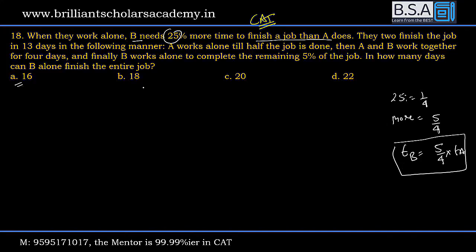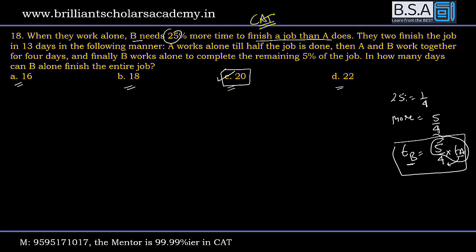Number of days of A should be a multiple of 4, so number of days of B should be a multiple of 5. This looks like the only option.